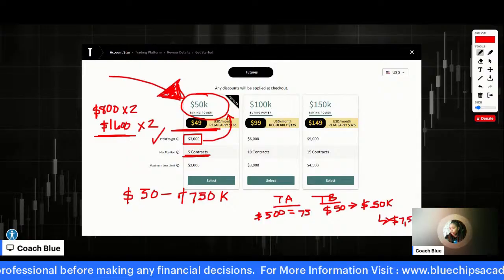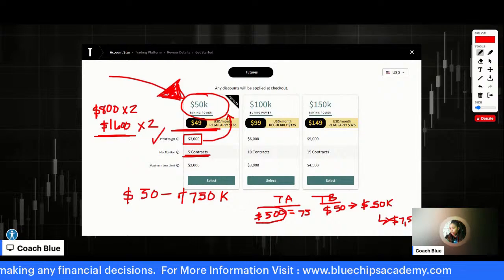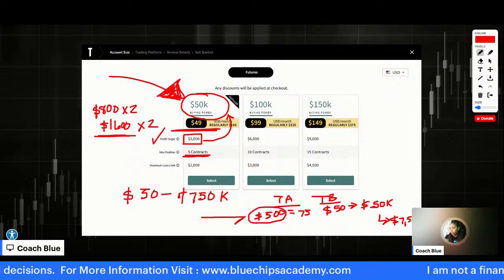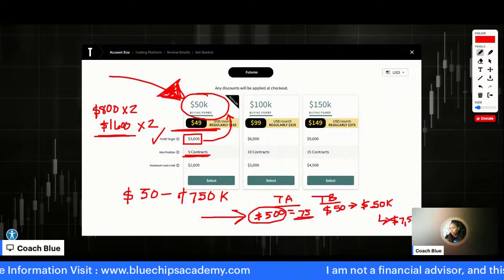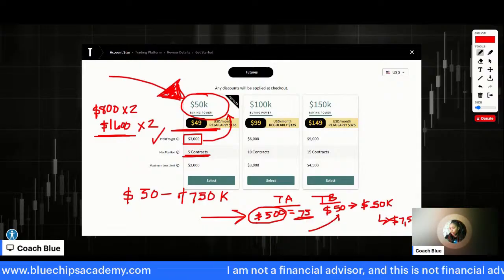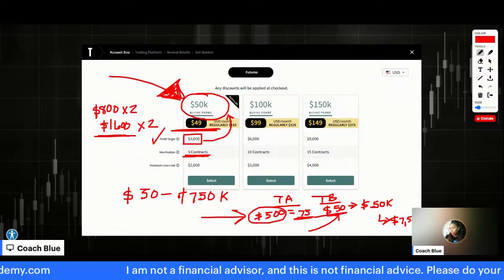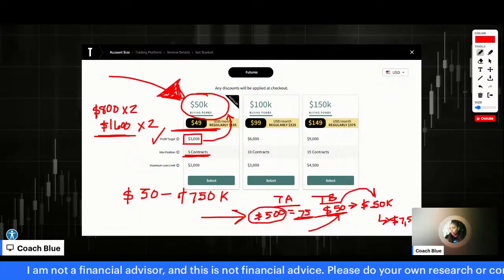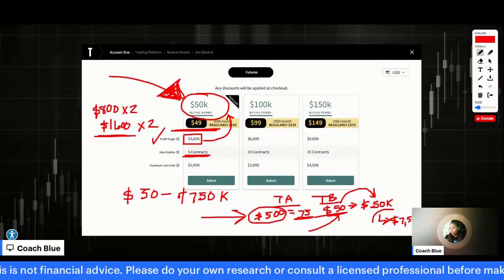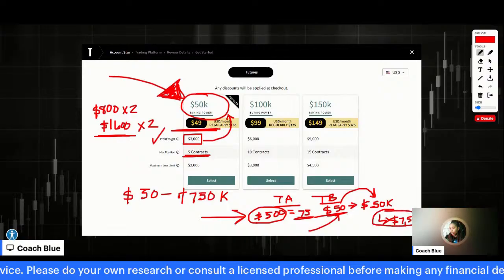All right. So you have one person who put up their own money, put up more money, and made less, versus this person who put up $50 to get access to other people's money, OPM, and potentially make $7,500 in that month.